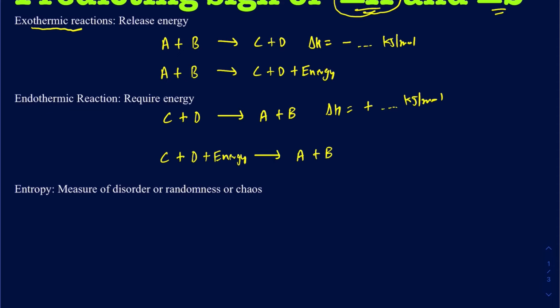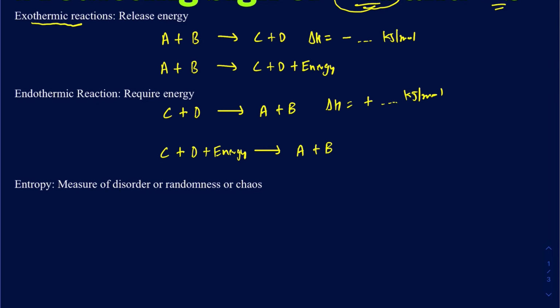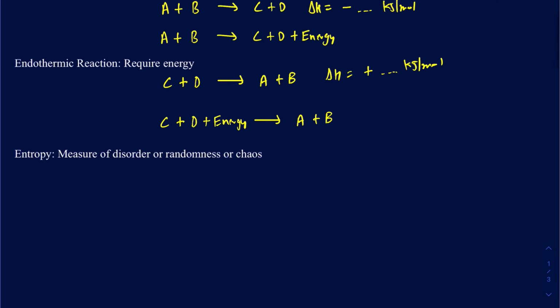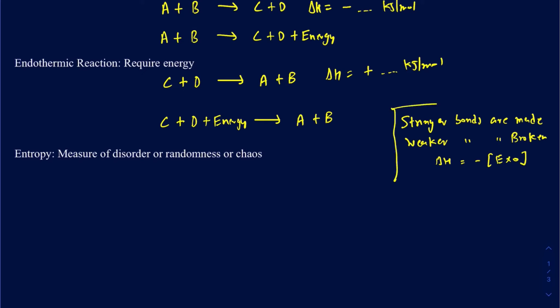So you want to make sure you're familiar with how you're going to be writing these exothermic and endothermic reactions two different ways. And then when it comes to predicting the delta H of a reaction, if you're making stronger bonds and if you're breaking weaker bonds, then your overall delta H is going to be negative. So anytime I can say the stronger bonds are made and your weaker bonds are broken, then your overall delta H of the reaction is going to be negative, which means it's going to be exothermic, and the opposite is going to be true in terms of endothermic.